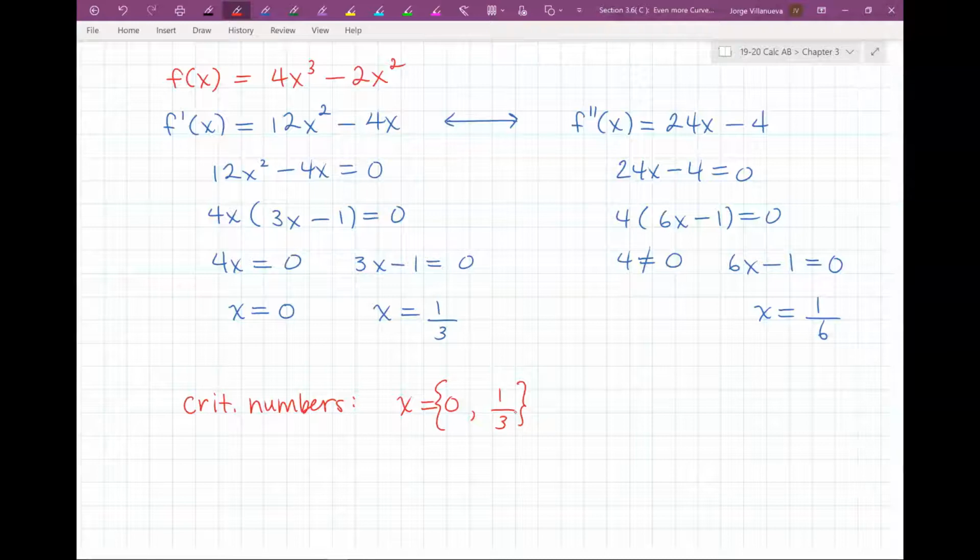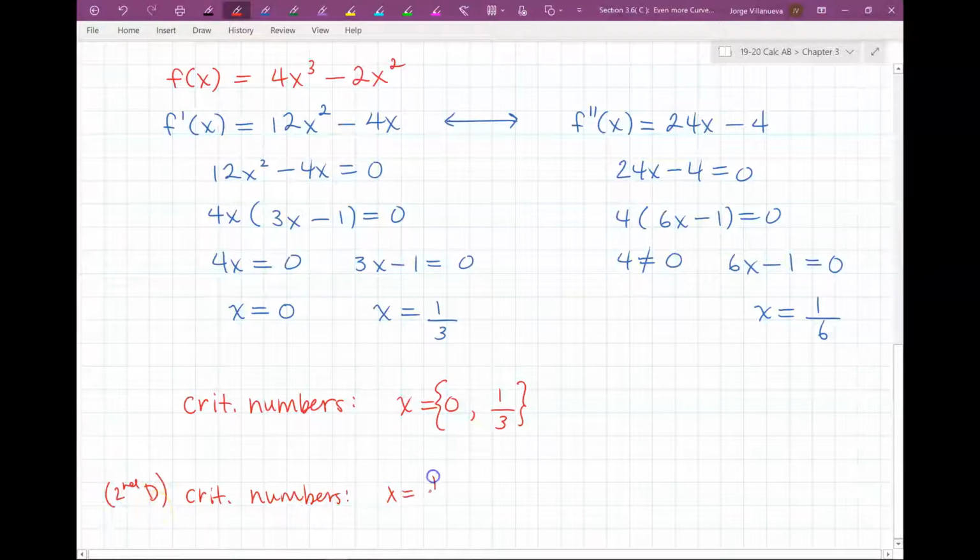And then I have a number I have to check for my second derivative. Remember, I can't say that 1/6 is a point of inflection yet, right? Right now it's just kind of a point of interest for me. So this would be my critical number for my second derivative, that would just be x equal to 1/6.